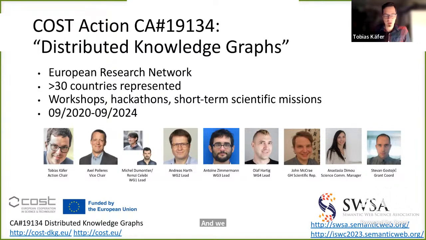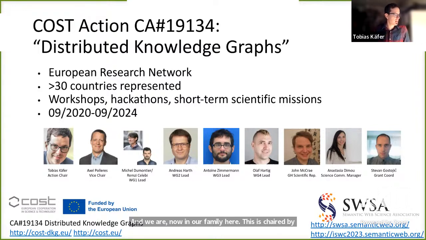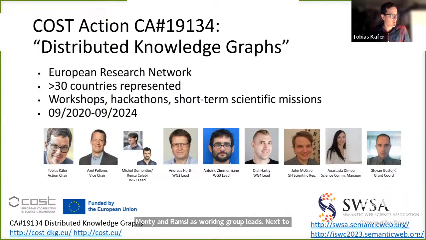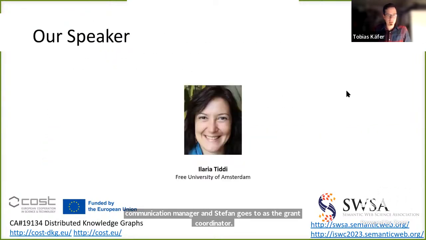This COST Action is chaired by myself, with Axel Polleres as vice chair. We have Michel Dumontier and Remzi as working group leads, next to Andreas, Antoine, Olaf. Then there's John as scientific representative of the grant holder, Anastasia Dimou as the science communication manager, and Stefan Gostojic as the grant coordinator. So much on the COST Action.